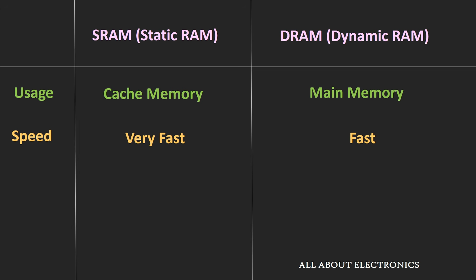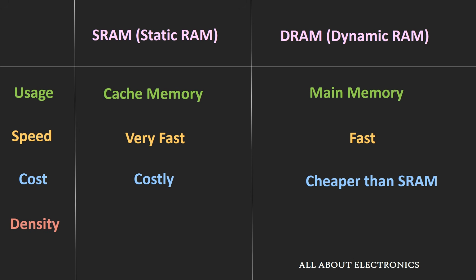Although the speed of SRAM is quite fast, in terms of cost, SRAM is the costliest among all the memories, while DRAM is cheaper compared to SRAM. In terms of density, that is the number of memory cells per unit area, SRAM has a lower density compared to DRAM.